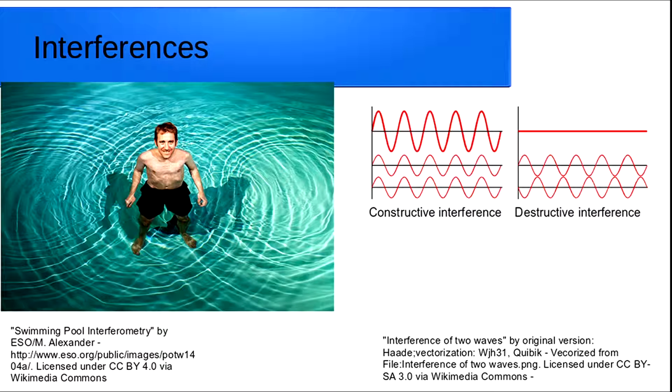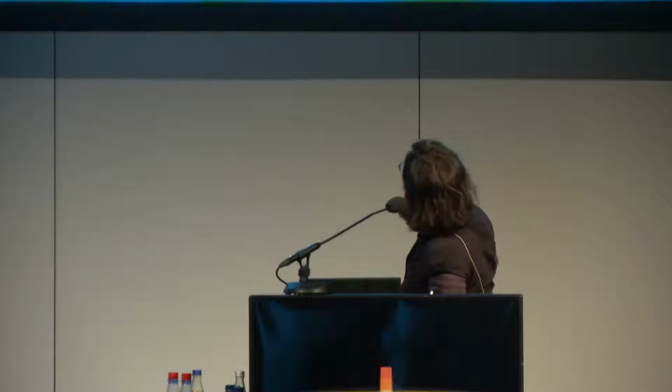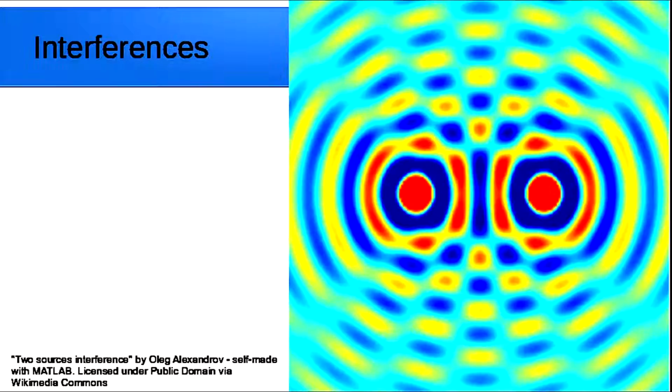So they cancel each other. And for anything in between, you also get some interference in between, which makes the resulting signal a bit smaller or bigger, depending. I also found this nice picture of 2 interfering waves coming from 2 points here on Wikipedia, so you can take a deeper look.